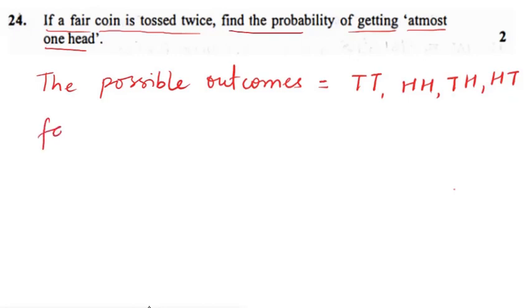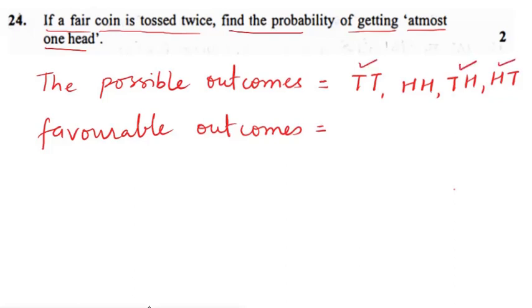So favorable outcomes. Favorable outcomes will be maximum one head. So maximum one head means this one, and this one. We cannot take this because it has two heads. We want only one head.